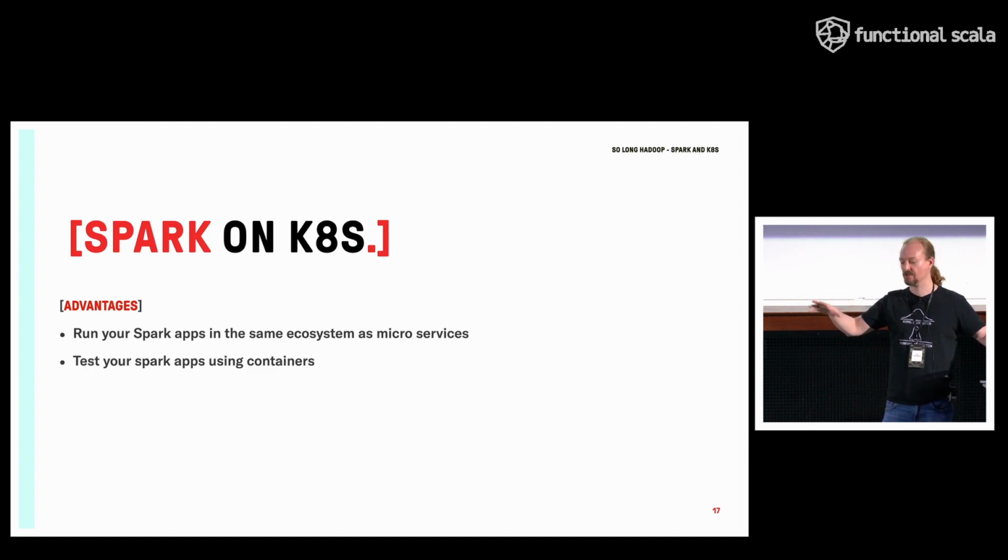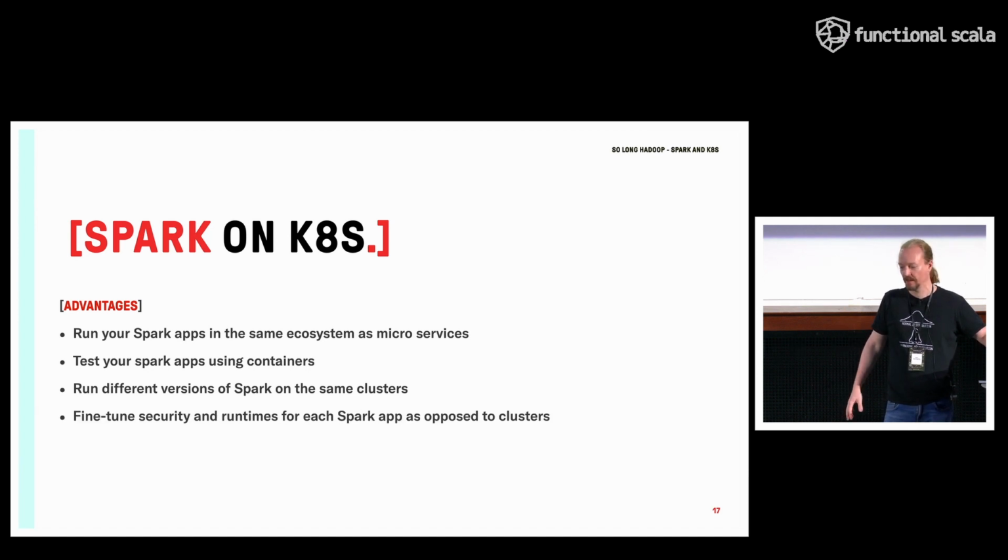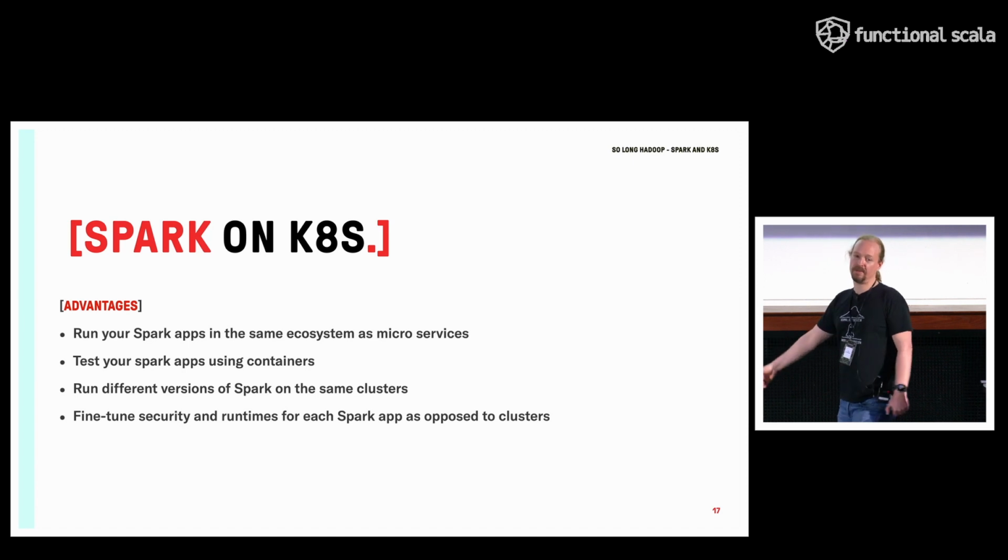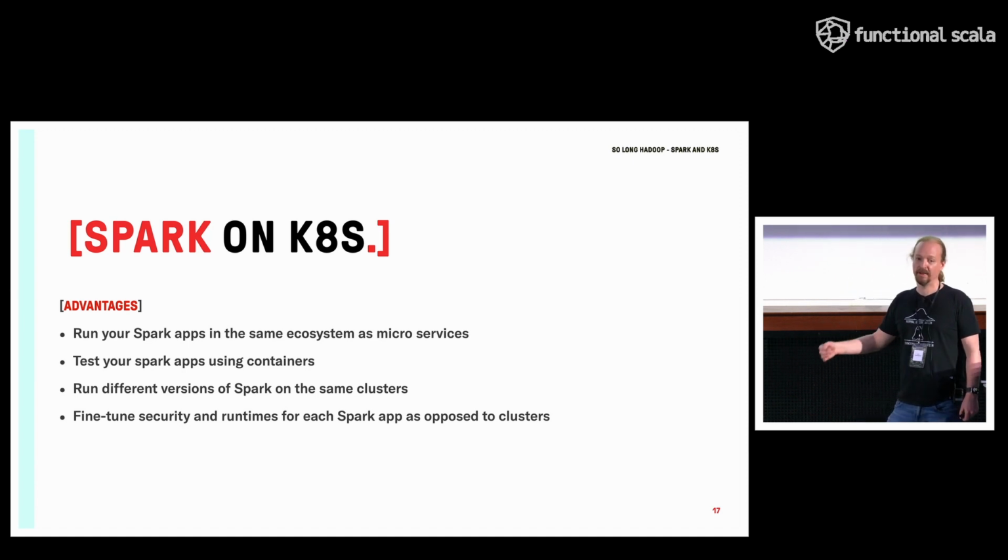You can test your Spark apps using containers, which is a big, big hassle otherwise. And as I said, running different Spark versions, and specifically Scala versions, if you want to use 2.13, that's fine. That works with Kubernetes. And specifically, fine-tuning runtime behavior and security is a big plus.